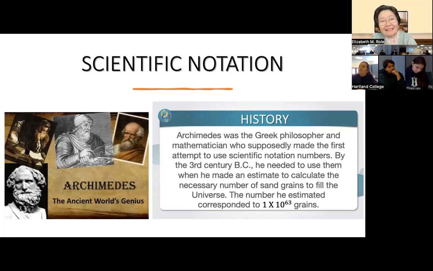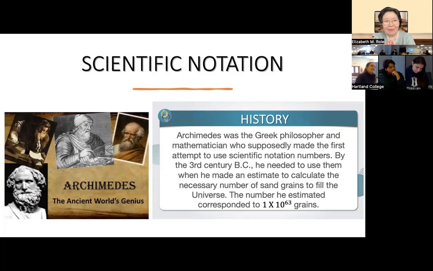He estimated that you add 63 zeros to 1. So for 1, then add 63 more zeros. And he's saying that that's the total number of grains of sand that would fill the universe.